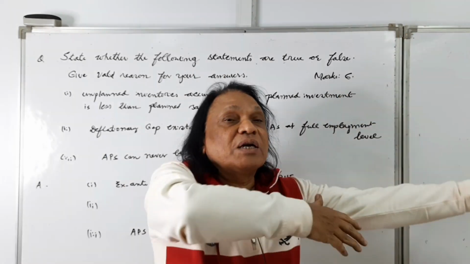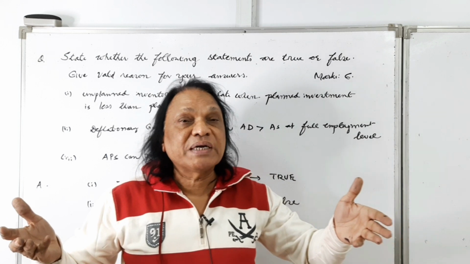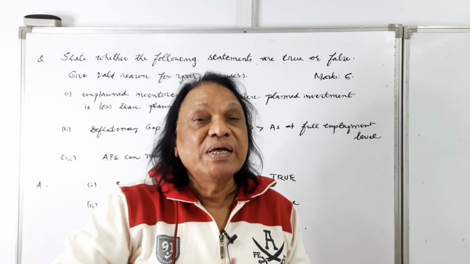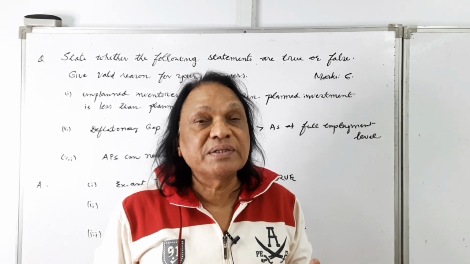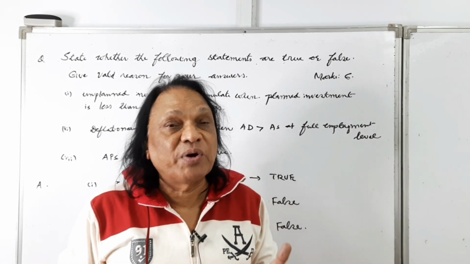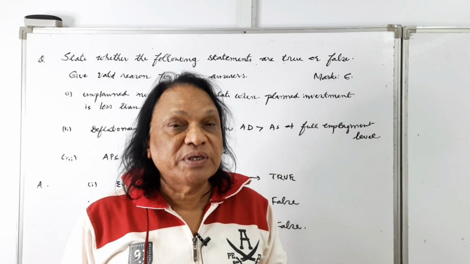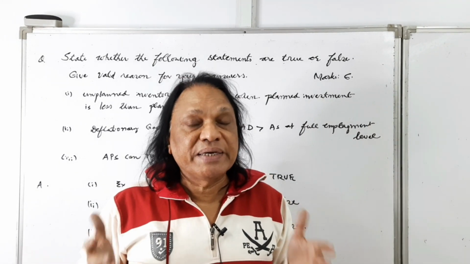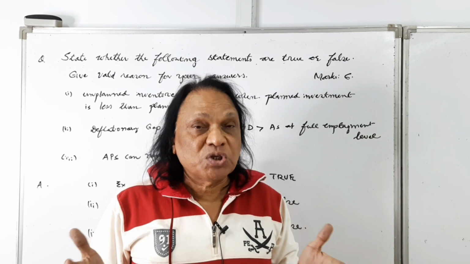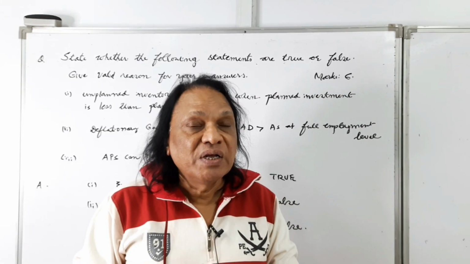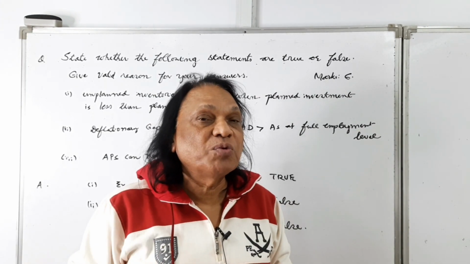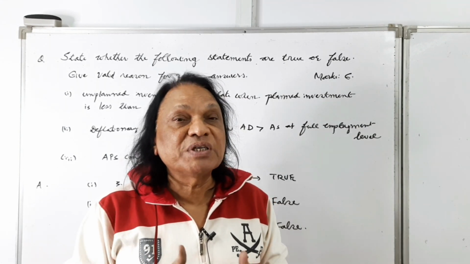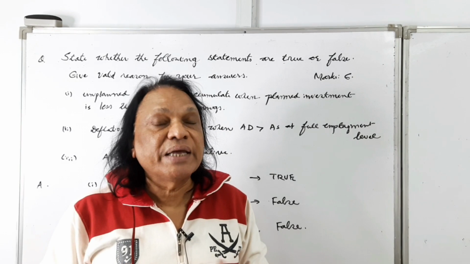If we go beyond that point, since there is full employment level, people prefer to save rather than invest. Why are investments less after that point? Because you won't be able to sell the goods. It will lead to accumulation of inventories, unwanted, unsold stockpiling. That is the question here: after the equilibrium point, what happens? After the equilibrium point, the savings will be more than investment.